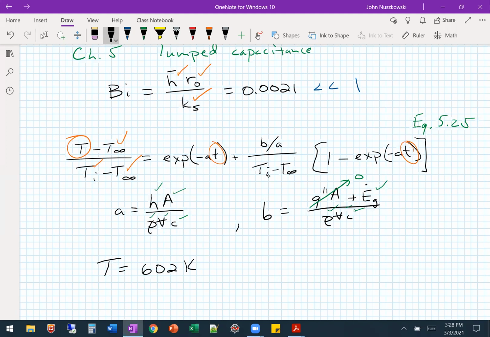It's starting off at 30. So then if we put that in, we will get a time of 290 seconds.